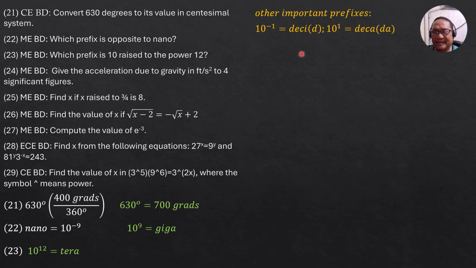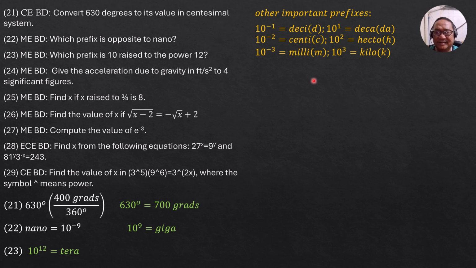Next is 10 to the negative 2, which is the centi, denoted by c. And the opposite, 10 squared, is the hecto, like hectare. That's 100 by 100 meters or 10,000 square meters. Next is 10 to the negative 3, which is the milli, and 10 to the positive 3 is the kilo, denoted by k, milli by m.